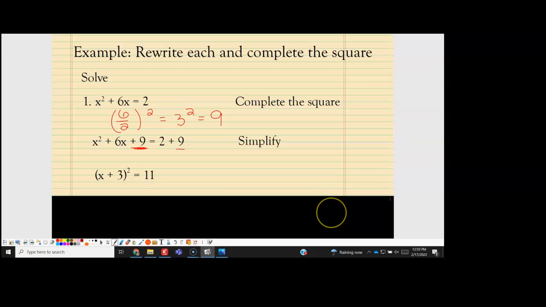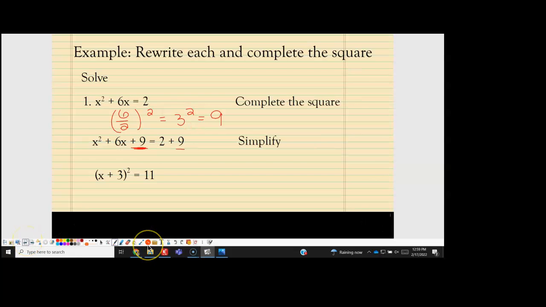Okay, so now that makes the left side a perfect square trinomial. So that factors as x plus 3 times x plus 3, or x plus 3 squared, combining 2 plus 9 to give 11. So then what we want to do is solve for x. So we're going to square root both sides. Okay.